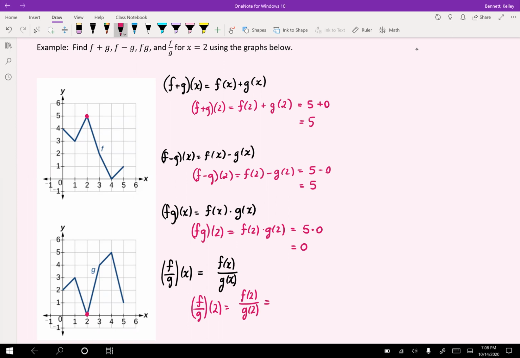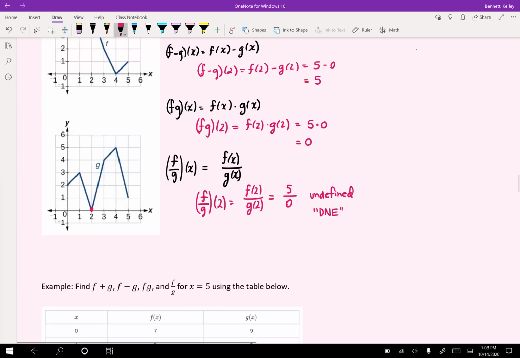And that's going to be 5 over 0. So this is undefined. If you're doing a problem in MOM and you get something like this, it may ask you to write in DNE as your answer. So that's just something to look out for.